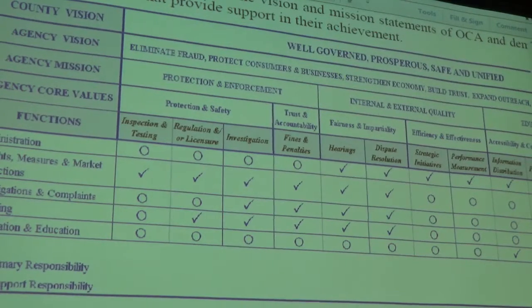So here on page 89, we have the functions of the divisions of the organization. We have the functions across inspecting and testing, regulation, legislature, licensure, investigations, fines and penalties, hearings, and dispute resolutions, security commissions, and so forth.